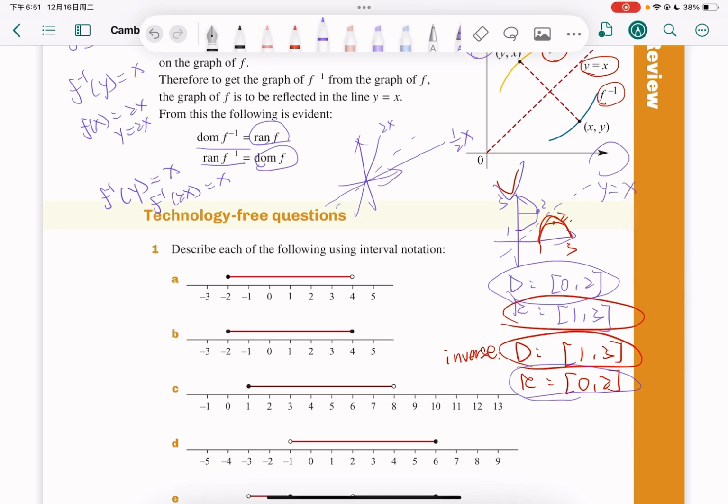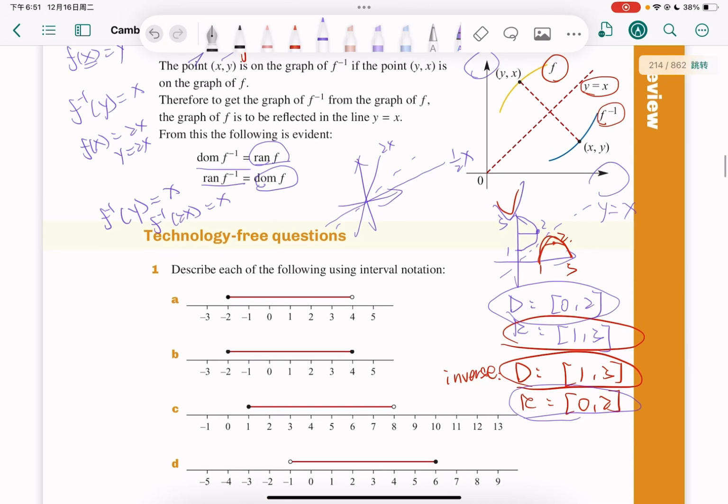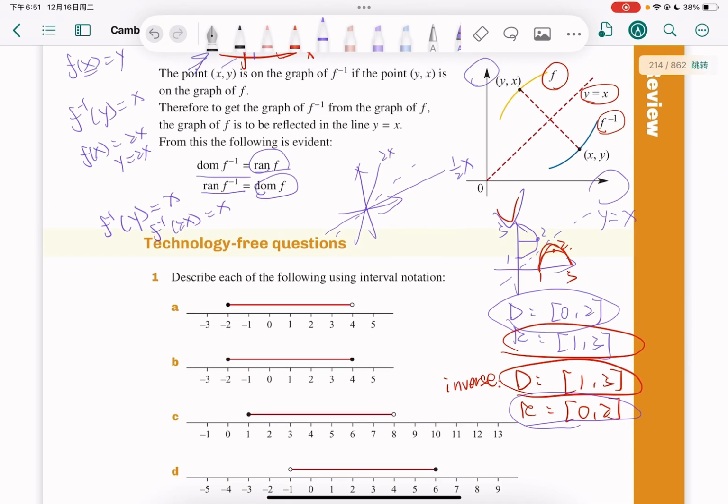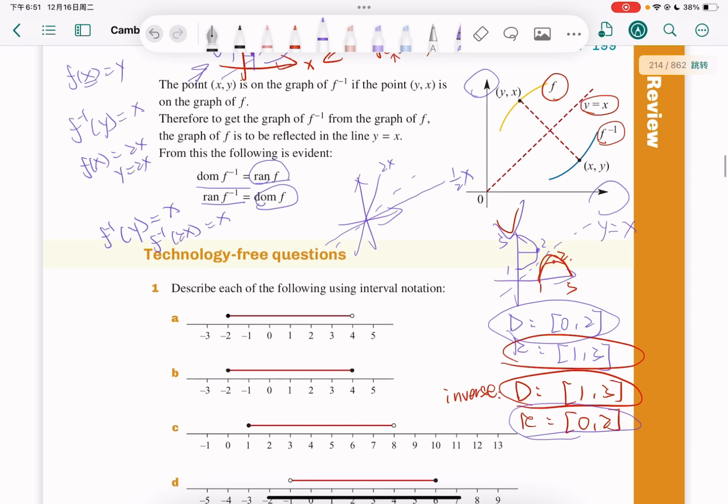So you can think of it as if we flip x and y, what will happen to the normal and inverse function. So of course, if we flip x and y, the domain becomes the range and the range becomes the domain.